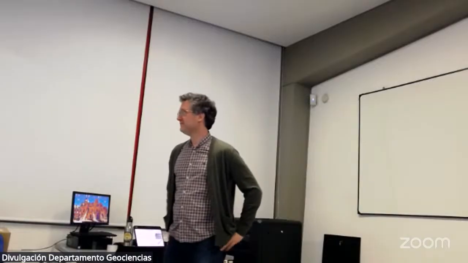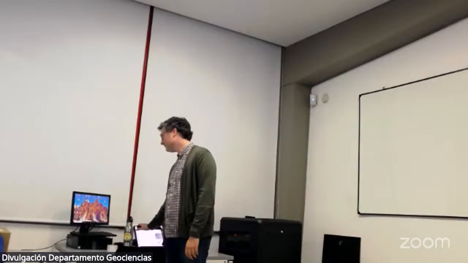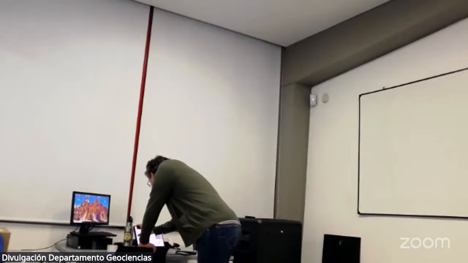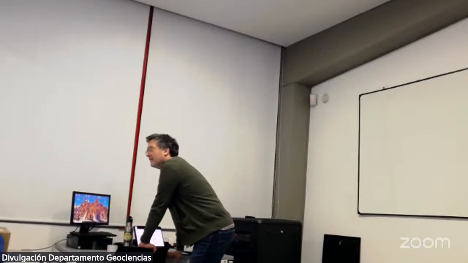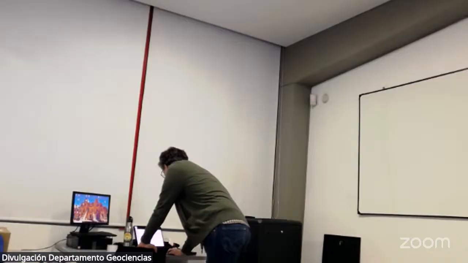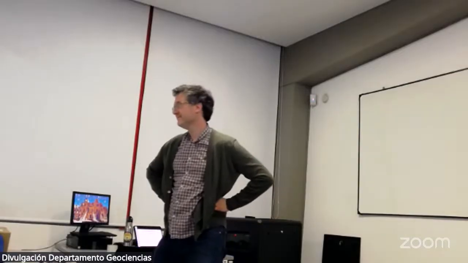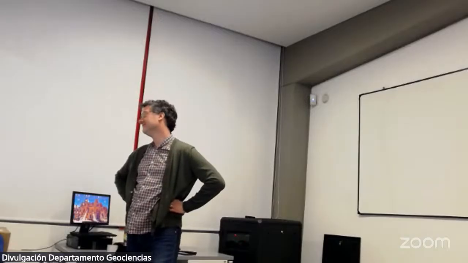So if I understood correctly, can you go back to the stepwise picture that you had, of the different LFEs? No, the other way around. Down? That one. Oh, yeah. So if I understand correctly, this is along a simple subduction zone.